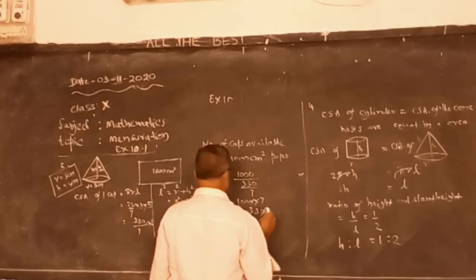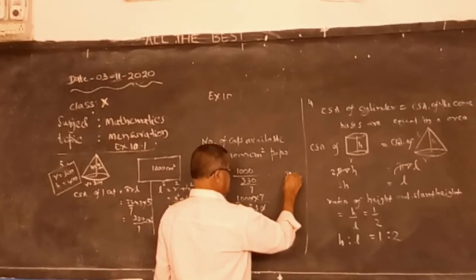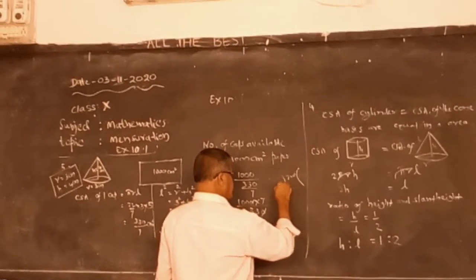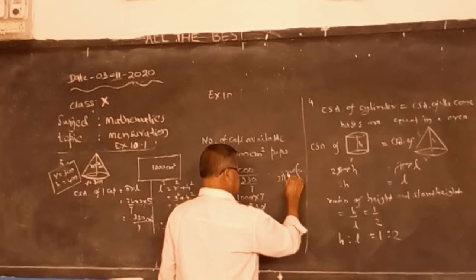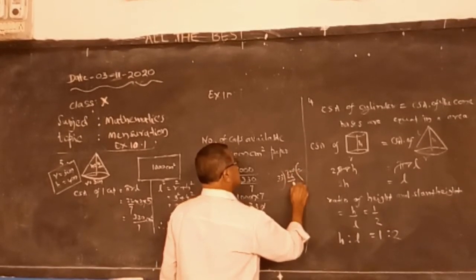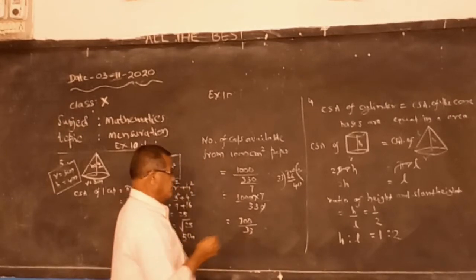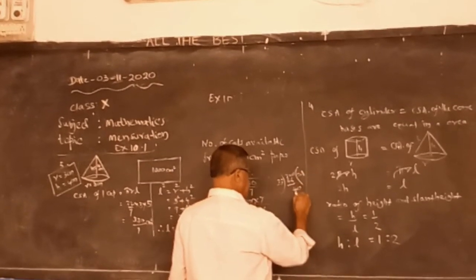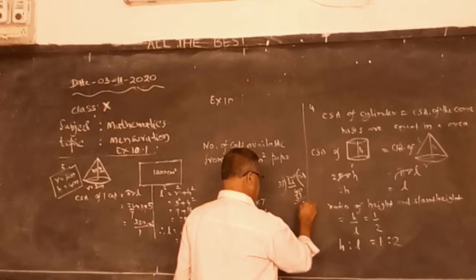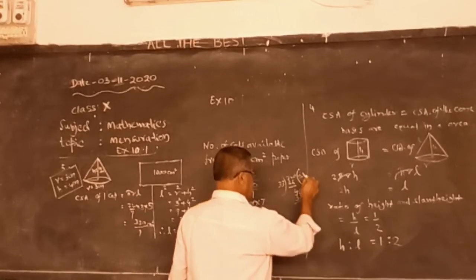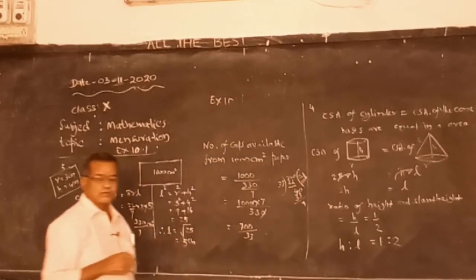Do rough work: divide 700 by 33. 33 2s are 66. 70 minus 66 is 4. Some piece of paper remains, but we get the whole number as 21.